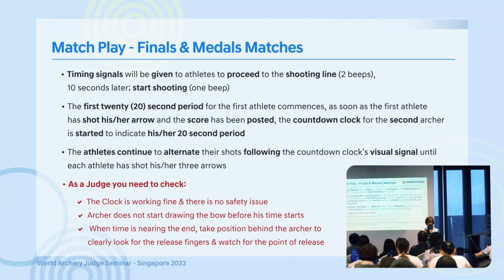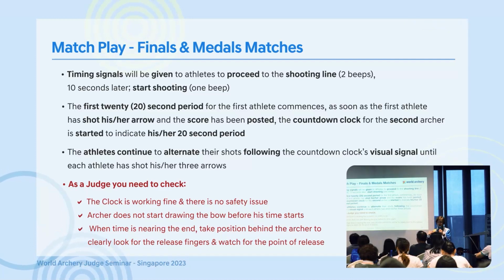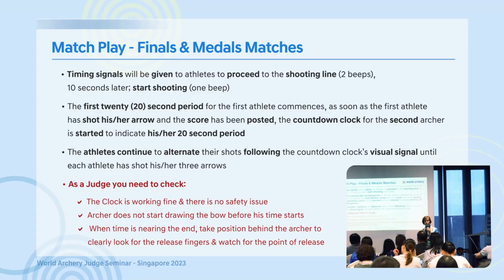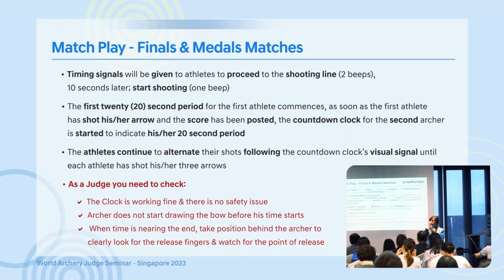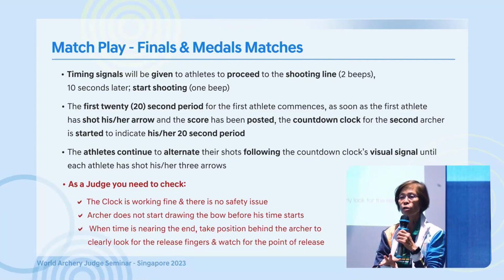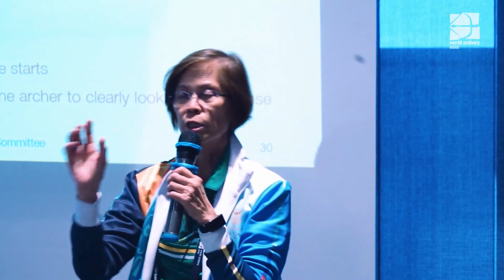When time is nearing the end, take position behind the archer to clearly look for the release fingers and watch for the point of release. And this is not just for the match play or the finals, but also for qualification. Let me just go back to the qualification first.